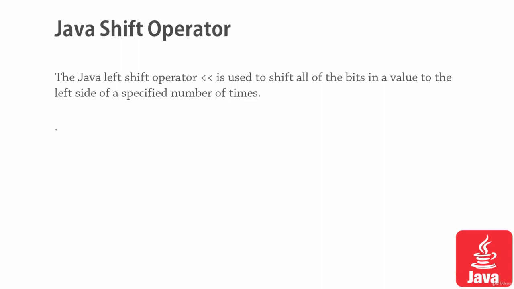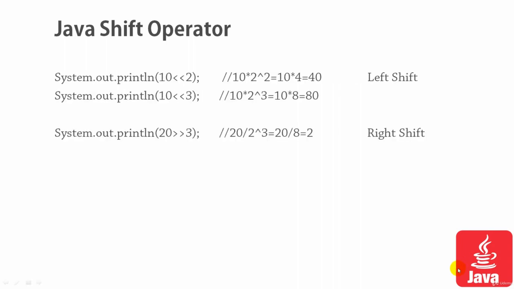If you want to perform left shift, it will shift the value of each bit leftwards one time and so on. So here, if we have written a syntax like 10 double arrow 2, it will shift the value of 10 two times. The value will be displayed as 40. It will perform on binary and the result will be displayed in decimal.